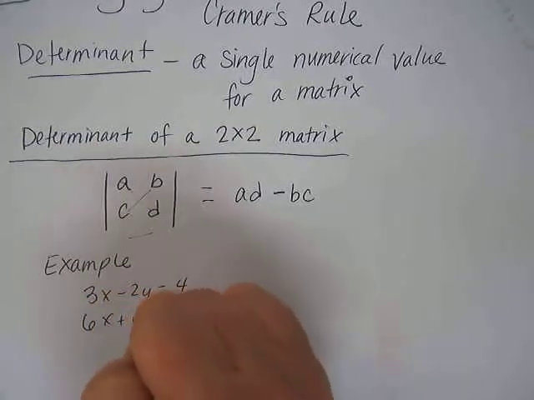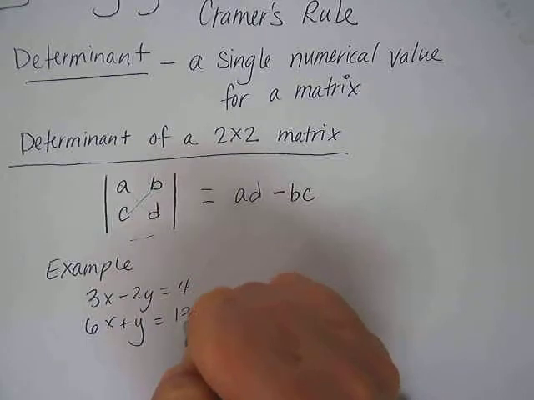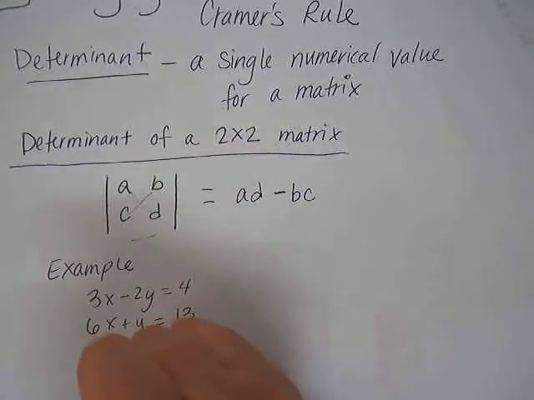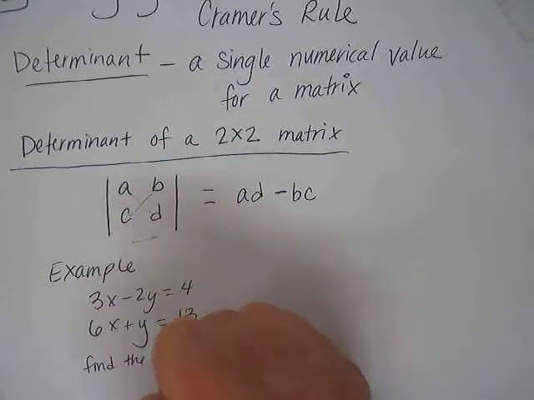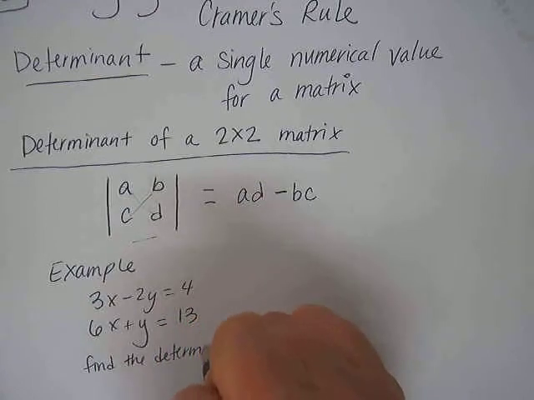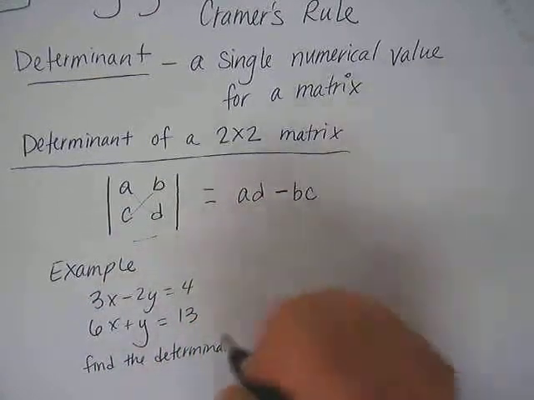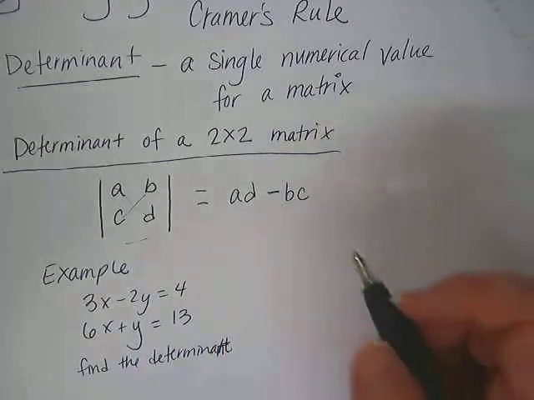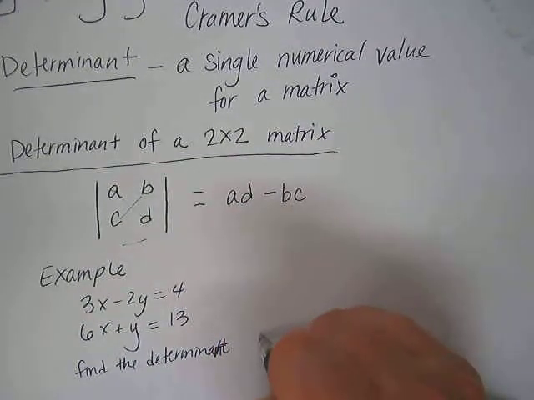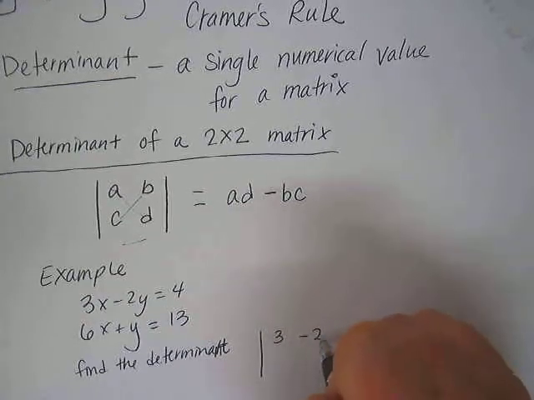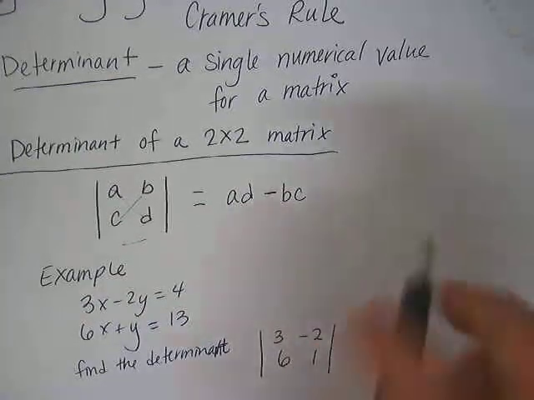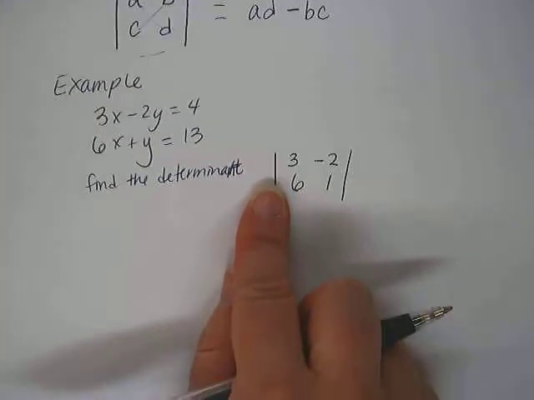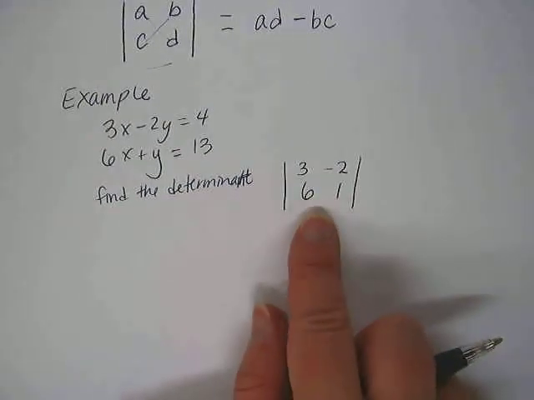3x minus 2y equals 4. 6x plus y equals 13. Find the determinant. Oops, I left out an 'of'. Sorry. Find the determinant of 3, negative 2, 6, 1. Now where did I get those numbers?